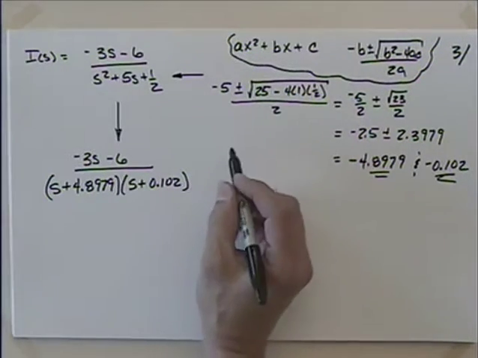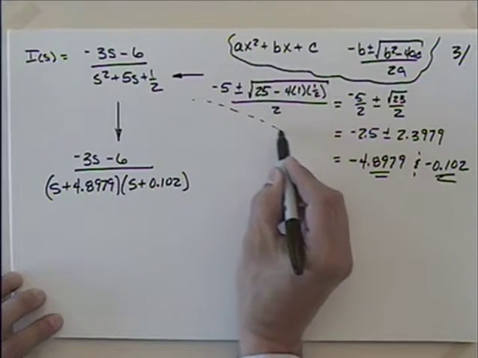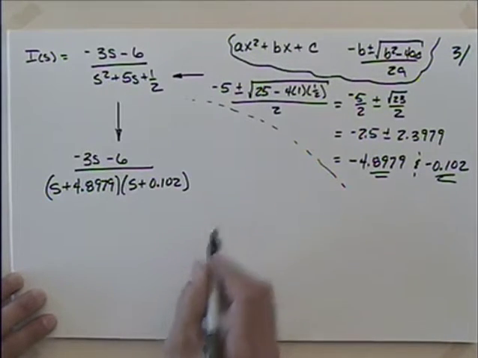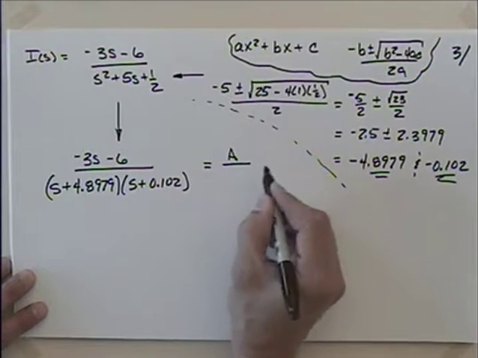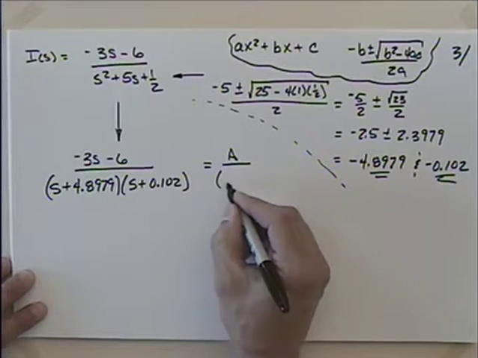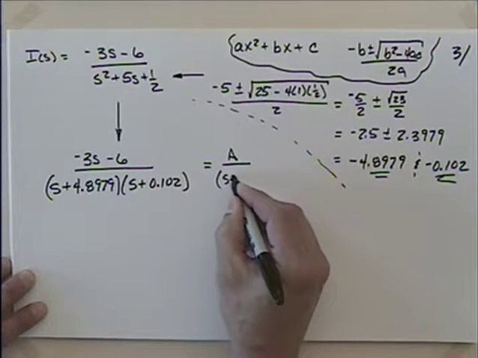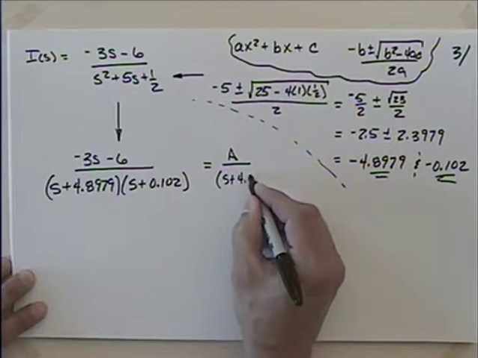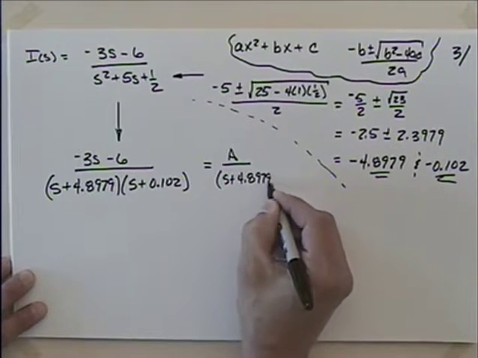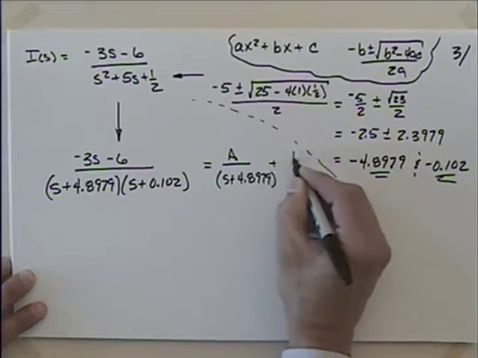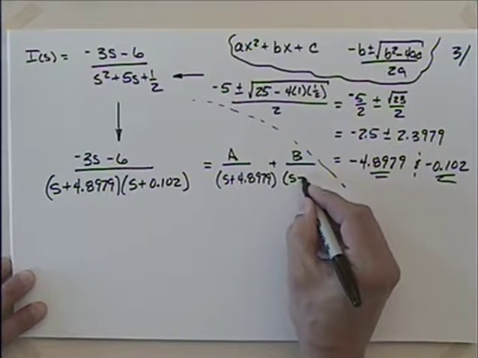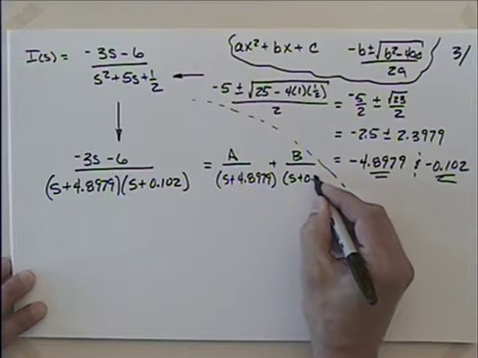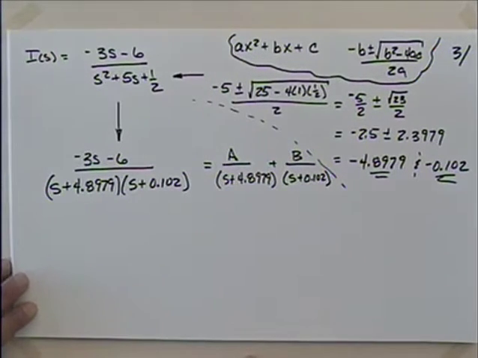So I'm now going to set this equal to, using a partial fractions technique, a over s plus 4.8979 plus b divided by s plus 0.102. So now I have to find a and b, right?